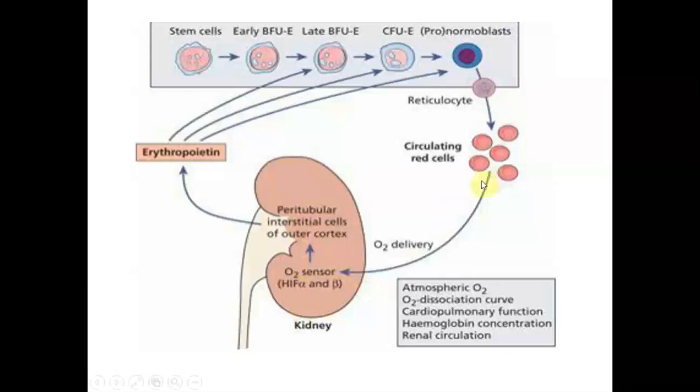So anything that causes a decrease in oxygen delivery to the kidney tissue for any reason, whether it is low atmospheric O2, cardiac problem, pulmonary problem, decrease in the hemoglobin concentration, or even renal artery obstruction, so that the amount of blood that reaches the tissue is reduced, this is going to be sensed by those sensors and will result in an increase in the erythropoietin production.